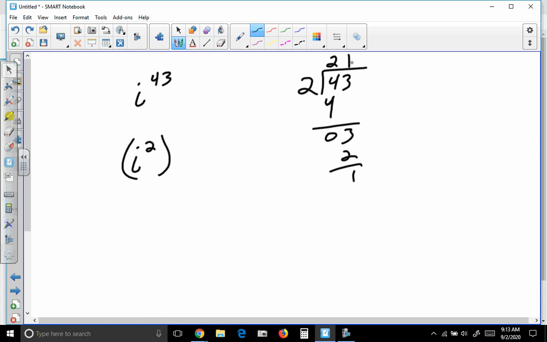So we can make 21 pairs with 1 left over. So we can put a 21 here, and then we have 1 more i here. Why 21 here? 2 times 21 is 42, and this makes 43. i to the second is negative 1. Negative 1 to an odd power is negative 1. So this just makes minus i.